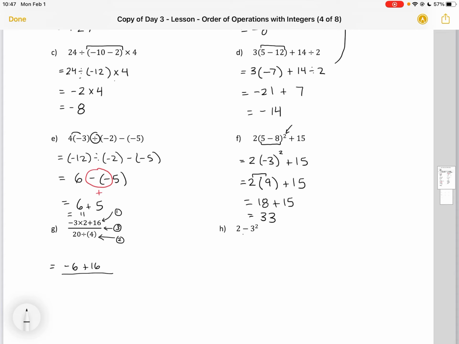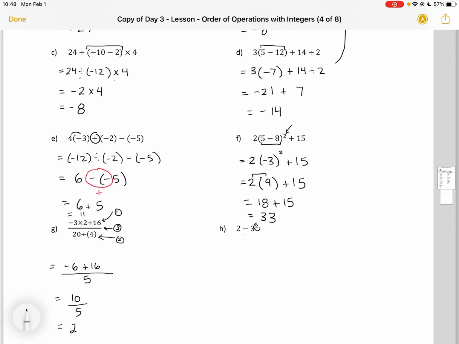On the bottom, we've got 20 divided by 4, which is 5. Finishing evaluating our top is minus 6 plus 16, which is 10, divided by 5. And then our final step is to do that division. So 10 divided by 5 is 2.